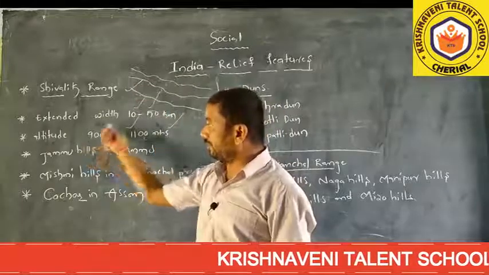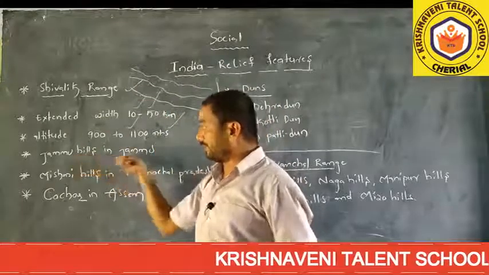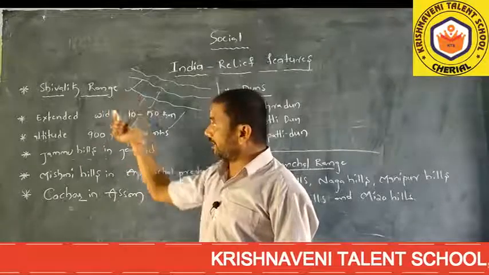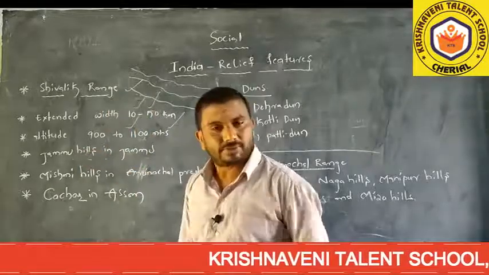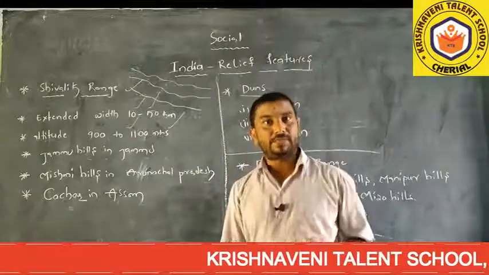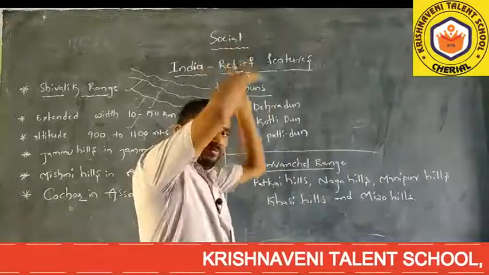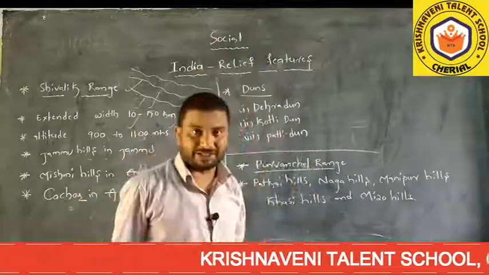For example, when you go to the Shivalik Range in the Jammu and Kashmir area, the people of the Jammu area call these ranges the Jammu Hills. Are you understanding or not? These Shivalik ranges extend from Jammu and Kashmir up to Arunachal Pradesh.